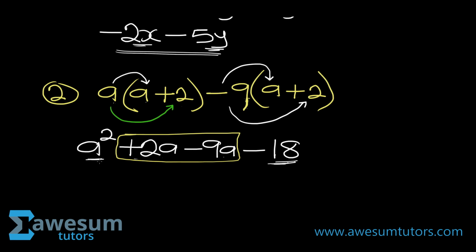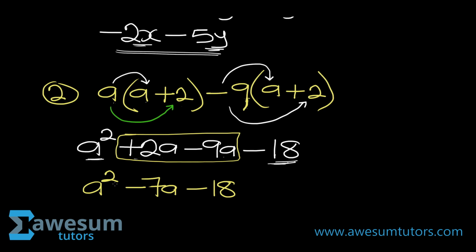So now my final answer is going to be A squared. If you simplify positive 2A minus 9A, what would that give you? That's going to give you negative 7A. Then you have minus 18. You see what we just did right there? We've been able to simplify this.